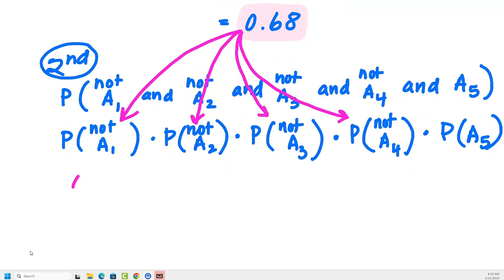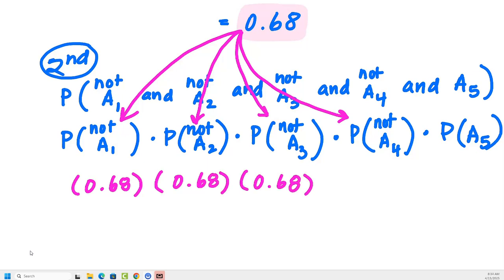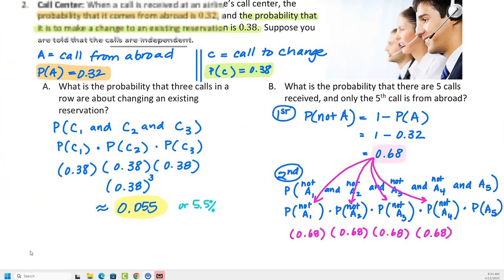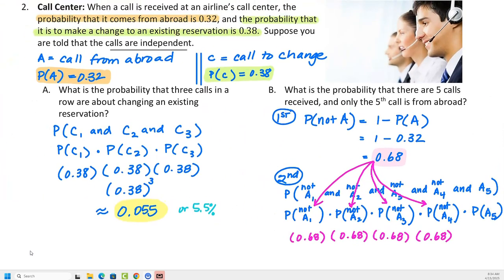So it's 0.68 times 0.68 times 0.68 times 0.68. And then what is the last one going to be? What's the probability of A occurring? Isn't that the 0.32?